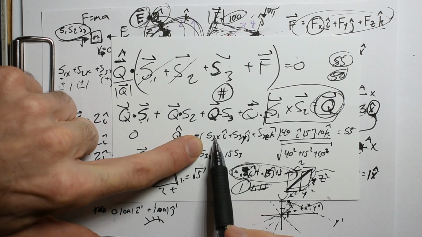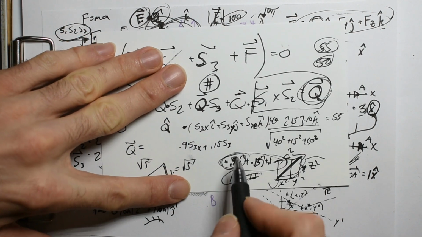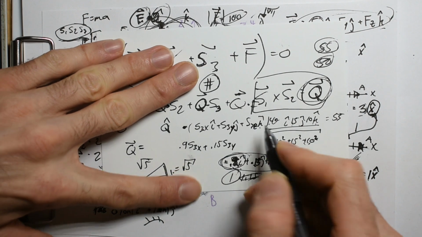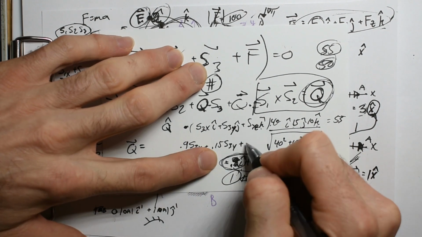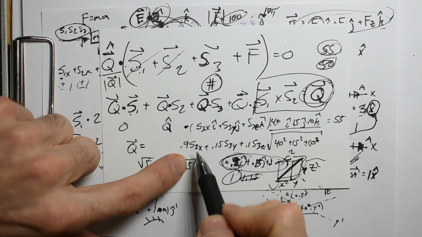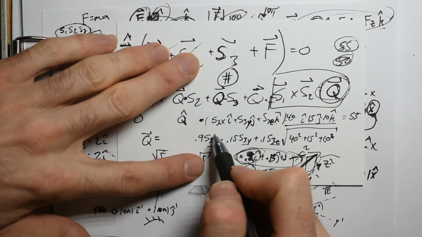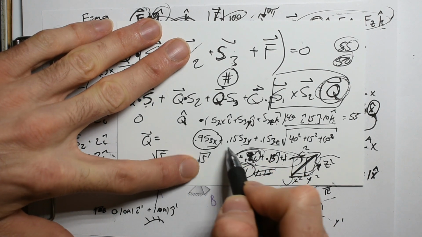So this is the x component, y component, and the z component of S3. Okay, so I have S3y, and then I'm going to add 0.1 S3z. So I still don't know these three components, but I do now know their magnitude.